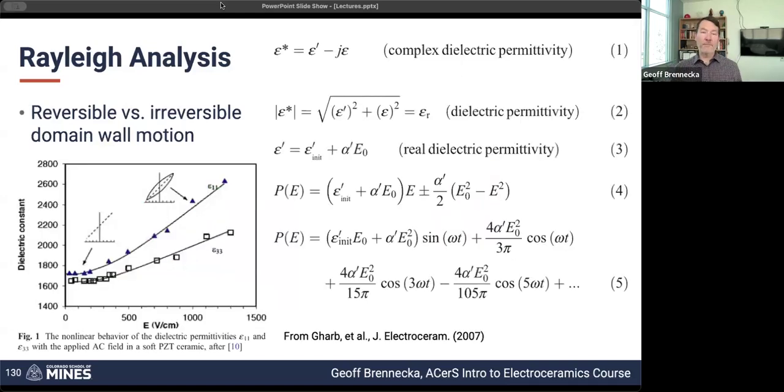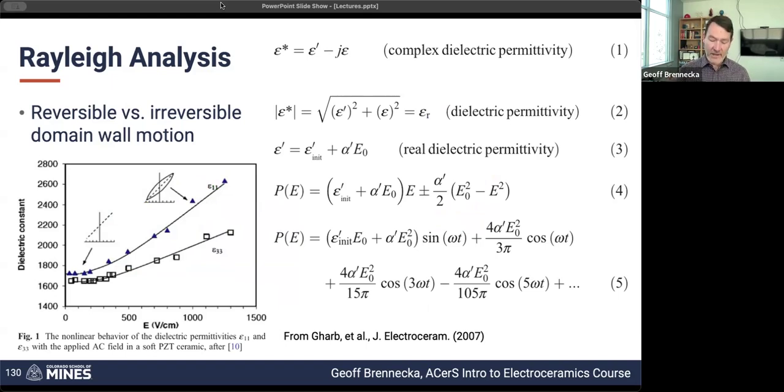And putting this all together is known as Rayleigh analysis. There's a lot of equations up here that are there for your reference. Nazanin Masirigar out of Penn State, for her thesis, she's now at Georgia Tech, is where I took these. Dragan Damjanovic and Susan Trolier-McKinstry did a lot of the initial development on this technique.